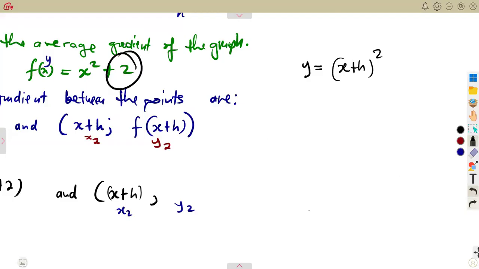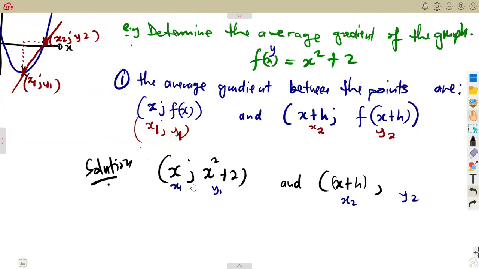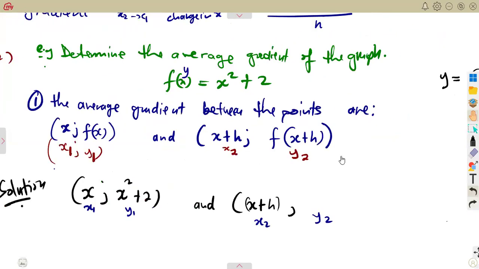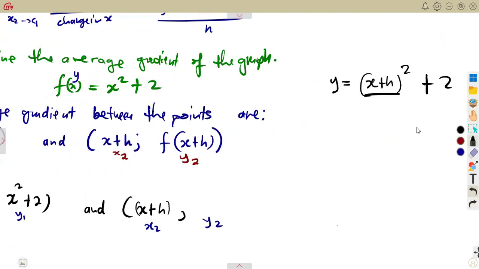But there is also a plus 2 there. There is no x there, so there is nothing that we are going to substitute on this part. So as we simplified, guys, this is the expression for y, just like what we had. y here is x squared plus 2, because x is just x. There's nothing that changed. But here it changed. x is now taken as x plus h.